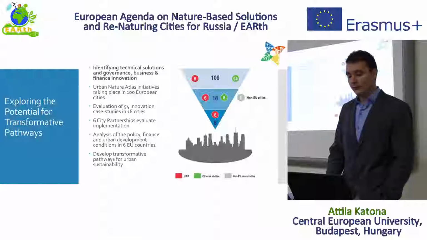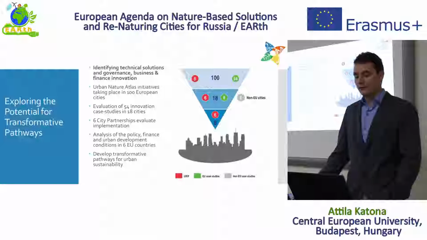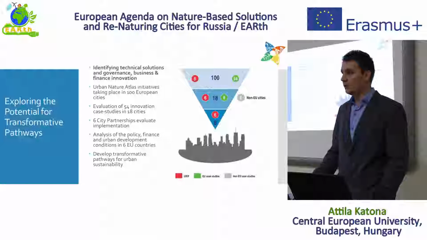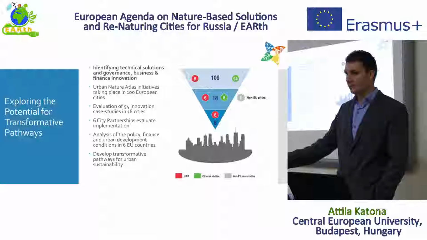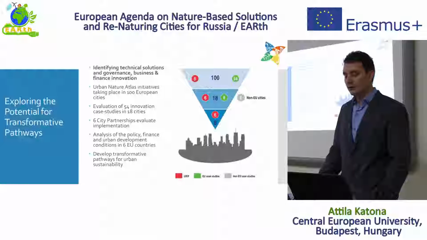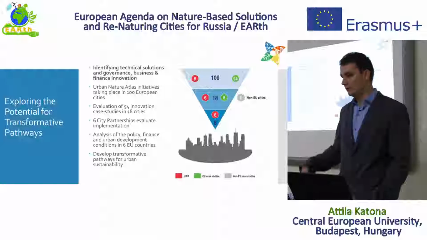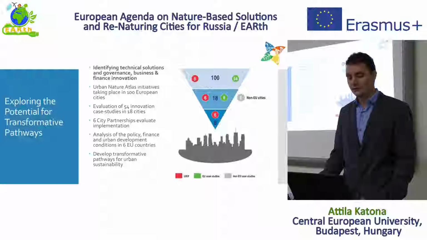In principle, we work with about 100 cities in Europe. We have 18 more closely related partners where we have done more in-depth research and analysis, plus 6 cities outside of Europe, including China, Australia, Canada, United States, where we also do some activities.